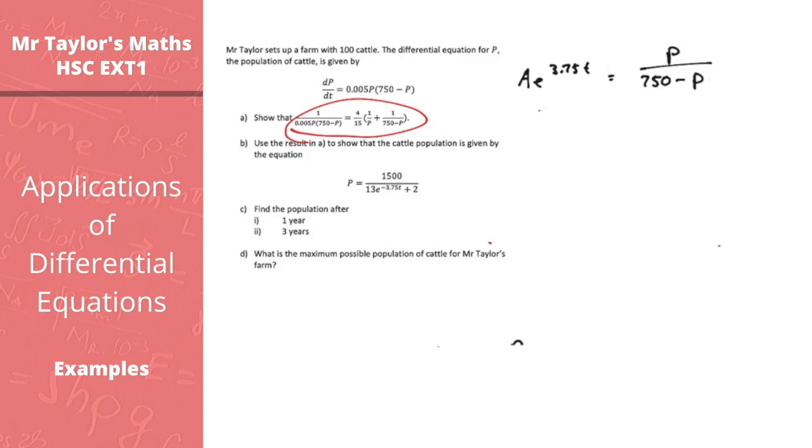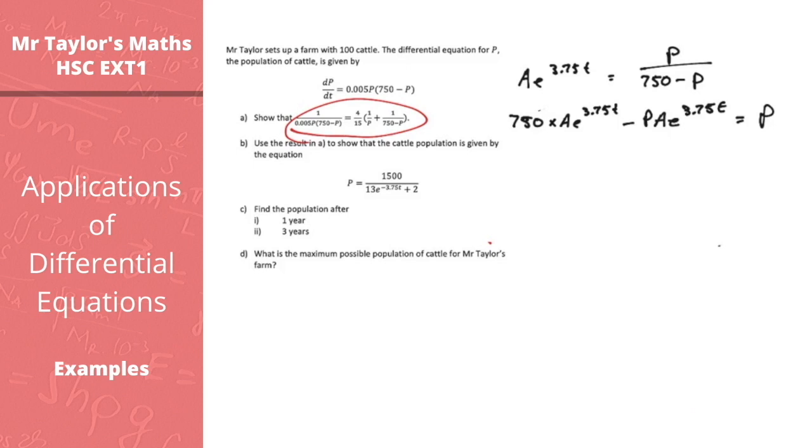Okay, so if I multiply both sides by 750 minus p, then I get 750 times a e to the 3.75t minus p a e to the 3.75t, and that all equals p.